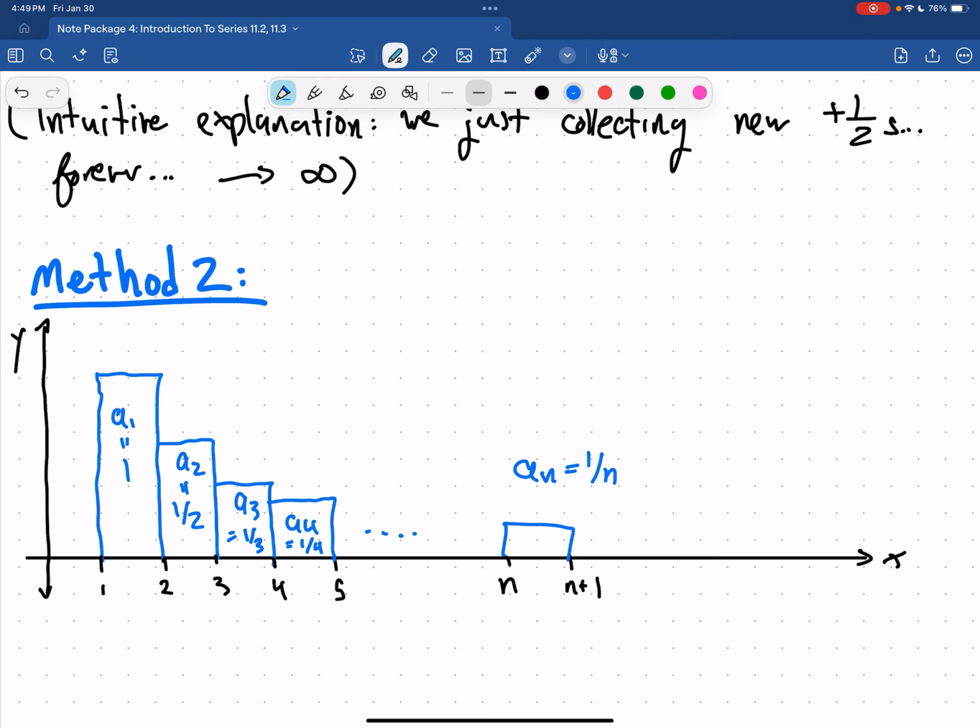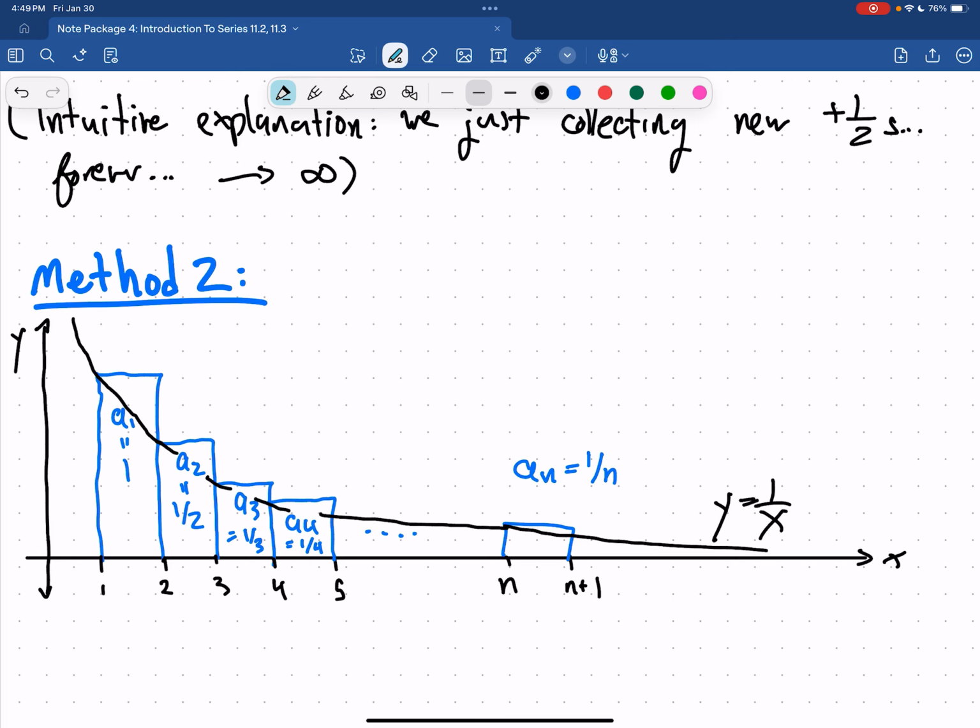Okay, so then what we're going to do is we're going to compare these rectangles to the graph of 1/x. I'm going to carefully sketch that. This is 1/x. Oh, no, that's not good. It looks like it increased there. There we go. Okay, so this here is the graph of y is equal to 1/x.